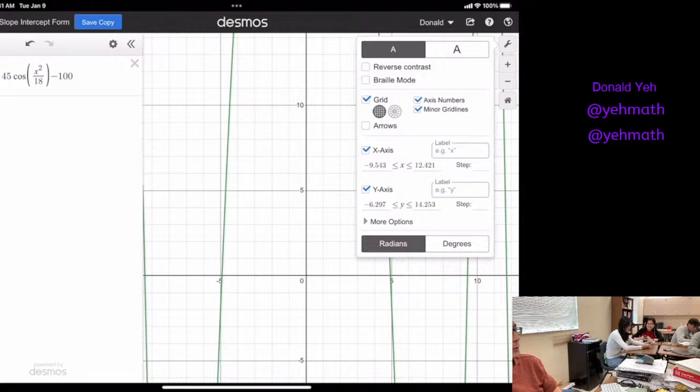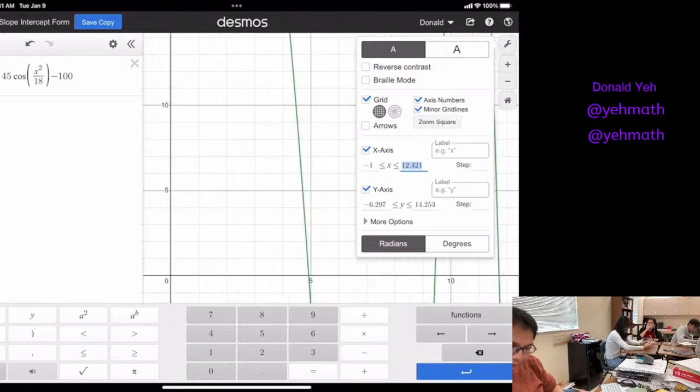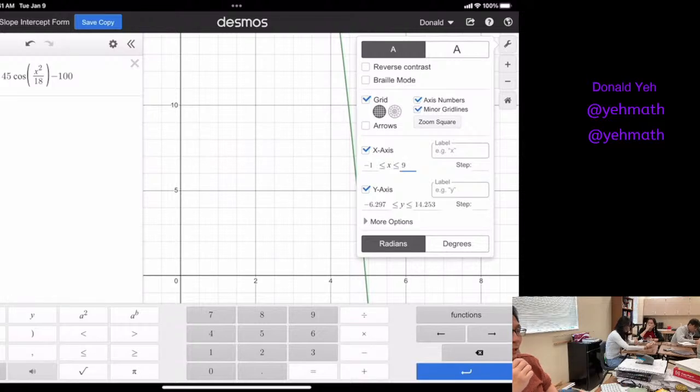X is between 0 and 8, right? But I don't like to do 0 to 8, I'd rather do -1 to 9. Why? Because I can see a little bit of room in the front and a little room at the back. Did you guys do that? It will say X min is -1 and X max is 9.